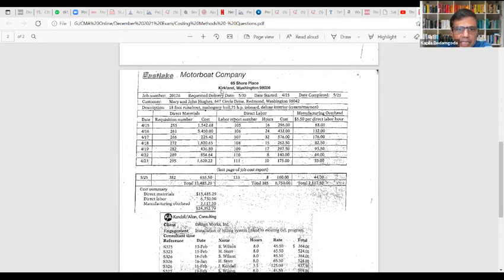So you can see, this is the East Lake Motorboat Company, and there's a job number, a delivery date, starting date, completed date, so the timeline control is there, and the customer, and a description. The specific job has the requirements, like when you go to a tailor, he gets all the styles and all that.